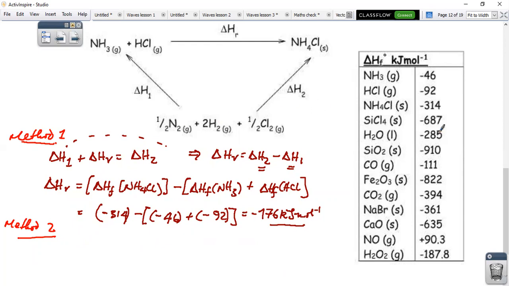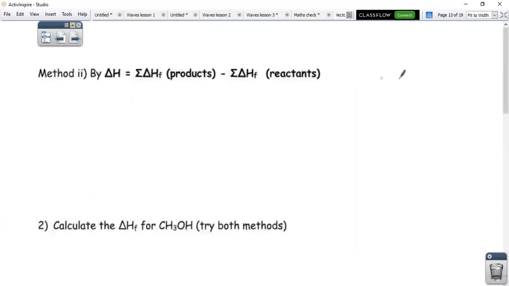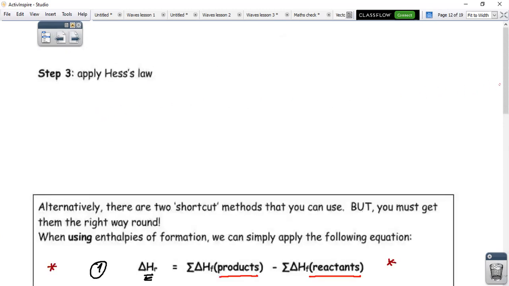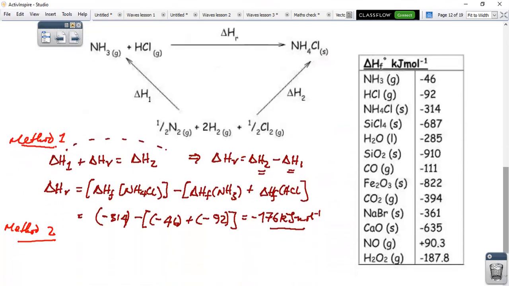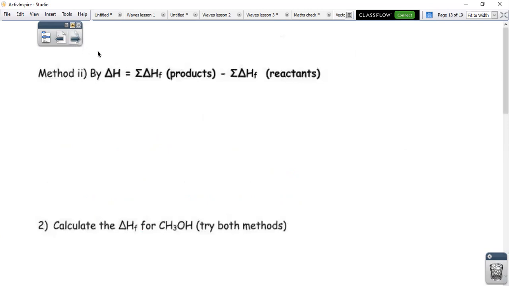No, we're missing some values of combustion. Not sure. Let's have a look on the next page. We've only got formation there. Do we have any values of combustion on this side? Okay, no, all right. Well, I think my notes page here has been, because method 1 is essentially the same as method 2. Don't worry, we're going to have another example to use method 2 anyway. So don't worry about this one.